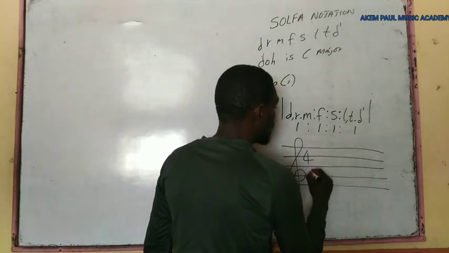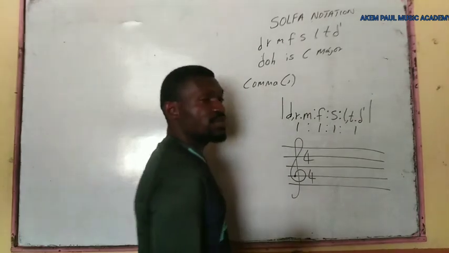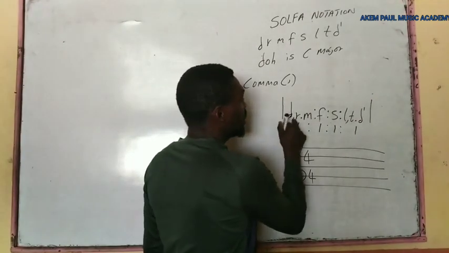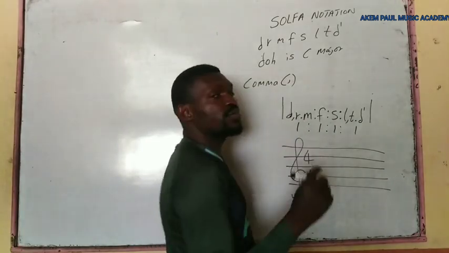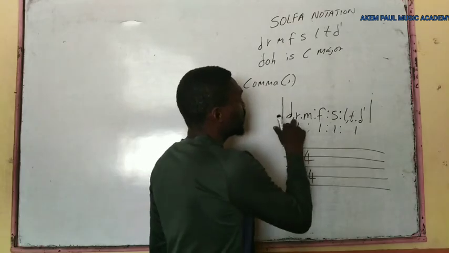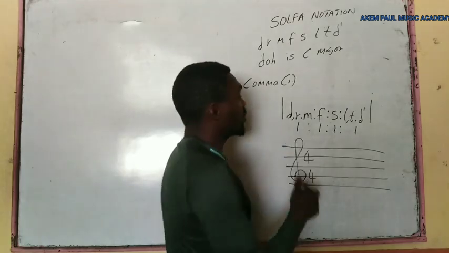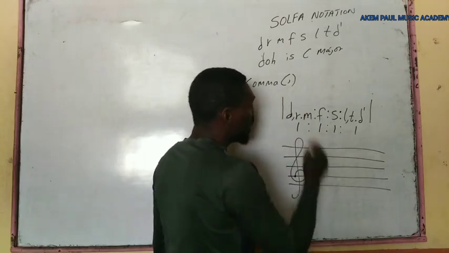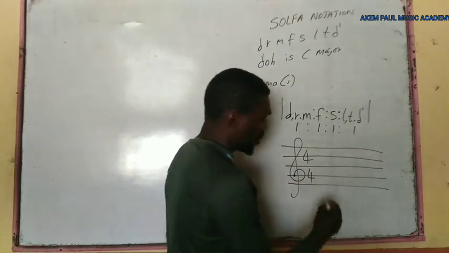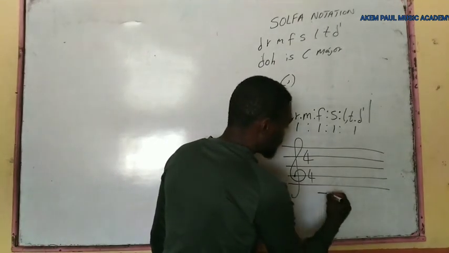Remember we are using 4 beats per measure. This is a crotchet. So this is one beat, and then we have a dot that separates one beat into two equal parts. And then this quaver separates the half of the beat into another two equal parts. So we are going to have a semiquaver here, which will be here.